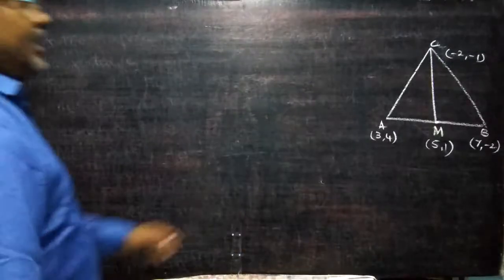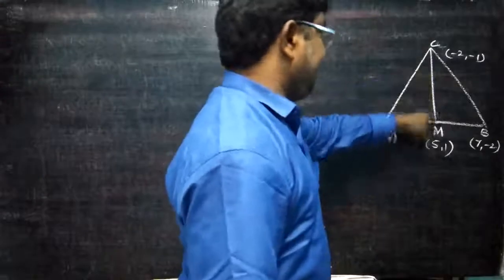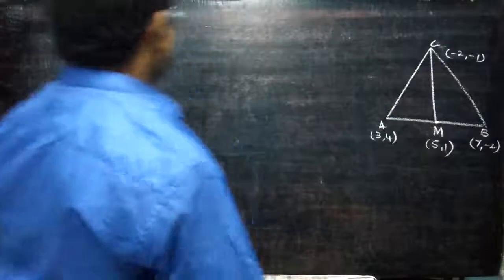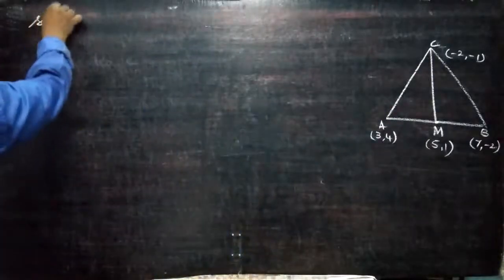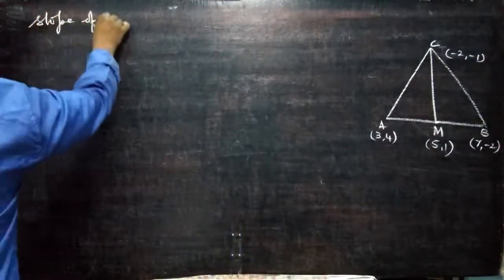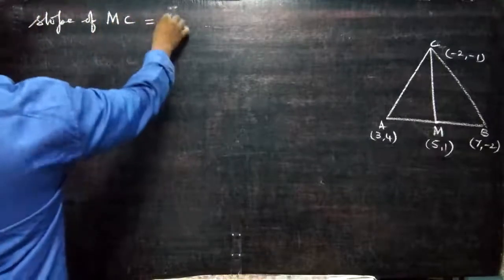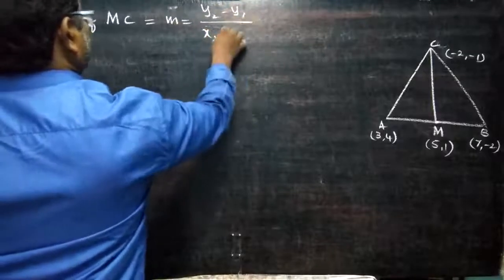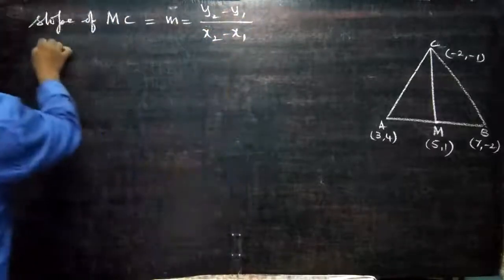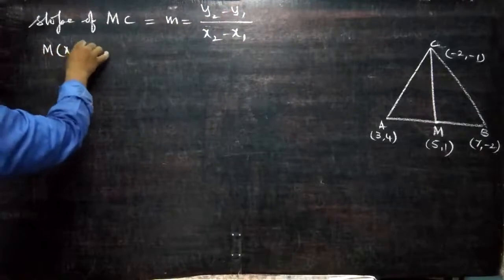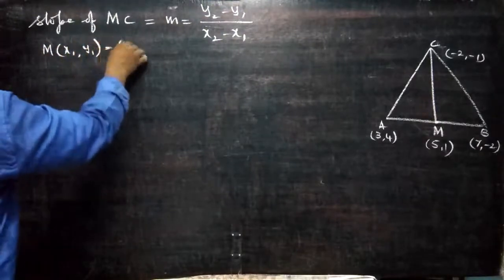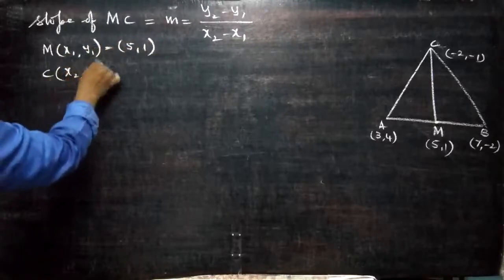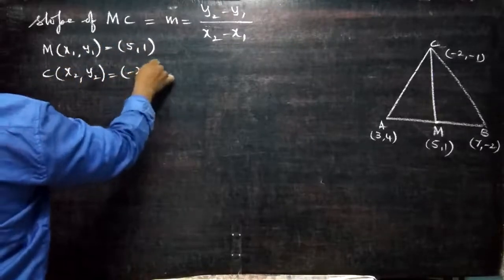Now they are asking to find the equation of the median. This is CM or MC, the median. So first find the slope. Slope of MC is m is equal to y2 minus y1 by x2 minus x1. M you think as x1 y1, that is 5 comma 1. C you think as x2 comma y2, that is minus 2 comma minus 1.